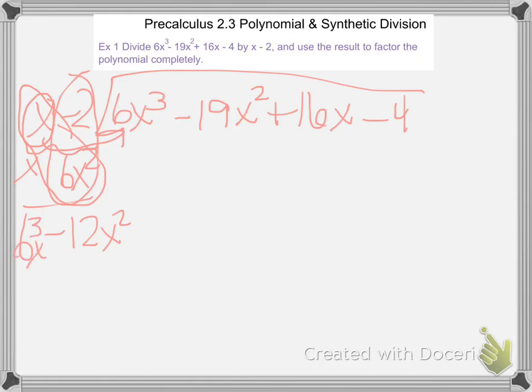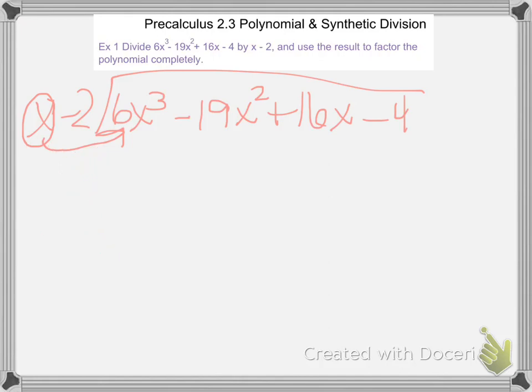Is this confusing? You want me to back up? Does everybody see why we're multiplying by 6x squared? We want this to turn into that. Okay, so I'll do it over here.